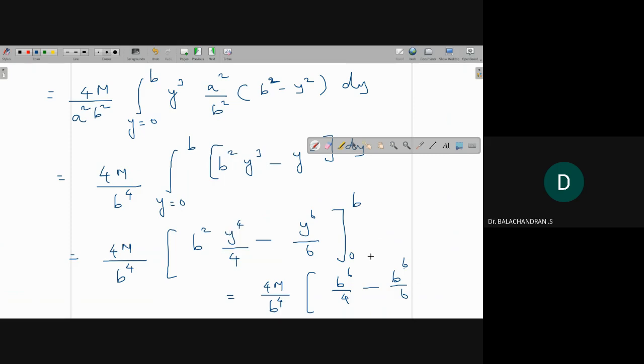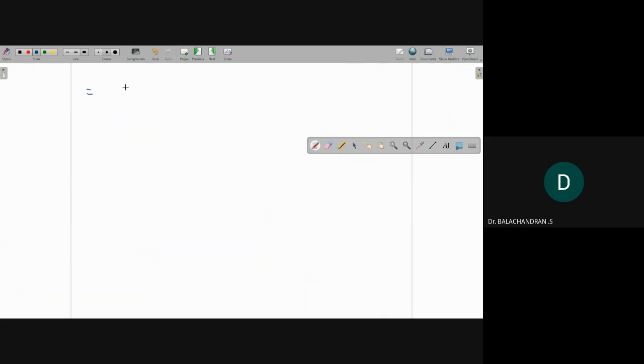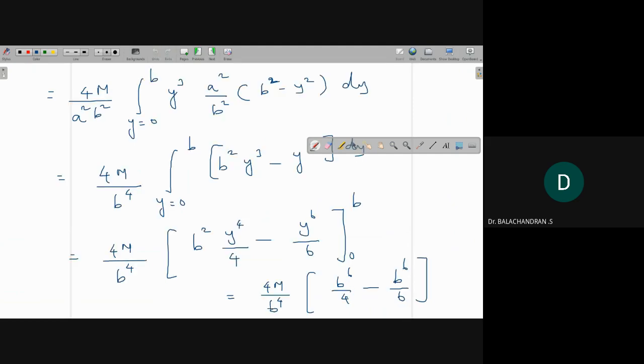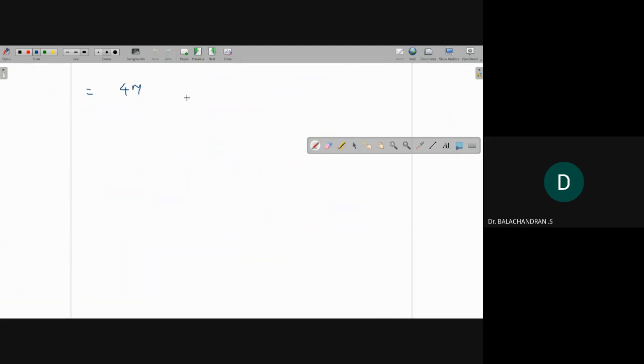Okay, please write. Lower limit is 0. This is b power 6 by 6. Lower limit is 0. So if you take 12, 4m by b power 4, it's b power 6 here, so b power 4 means b square.